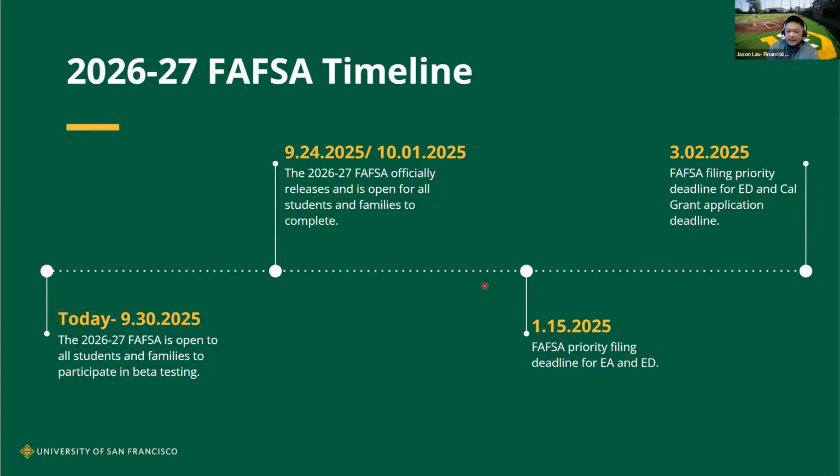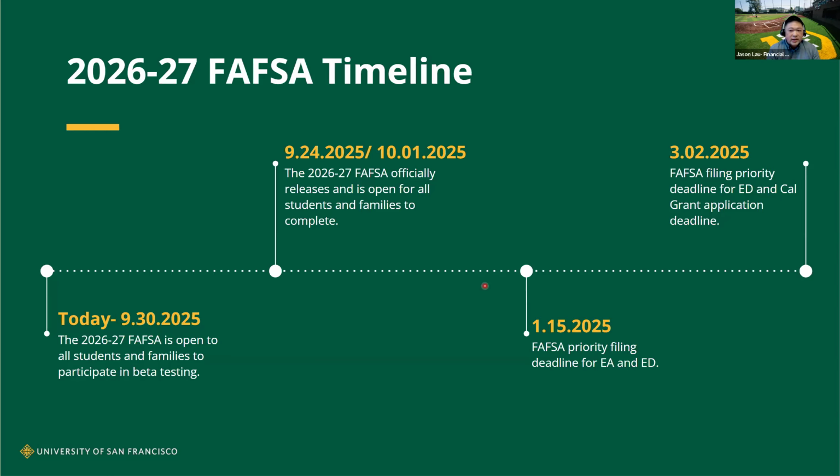For our priority deadline for our early action and early decision students, we ask for January 15th. Sorry, I mistakenly put 25, but it should be 2026. That is when we can ensure that we can get you your financial offer in time.